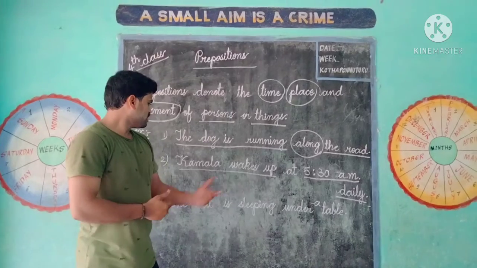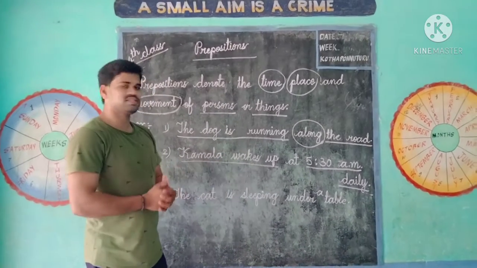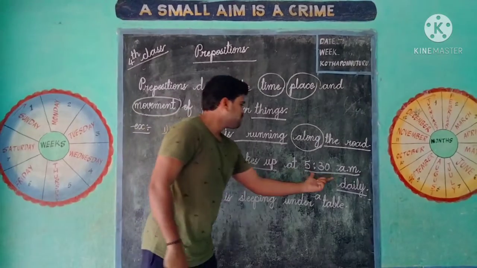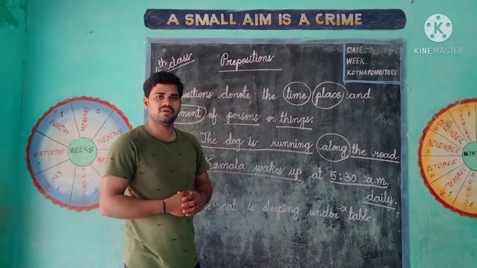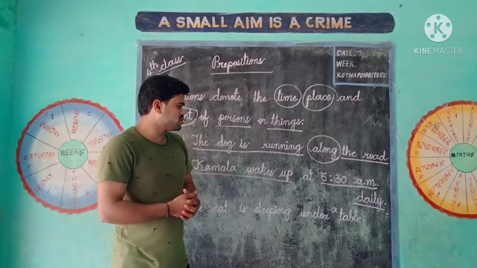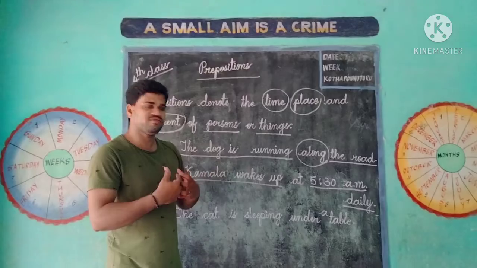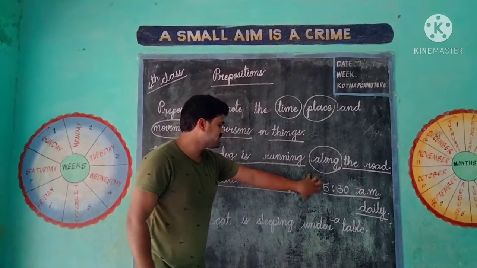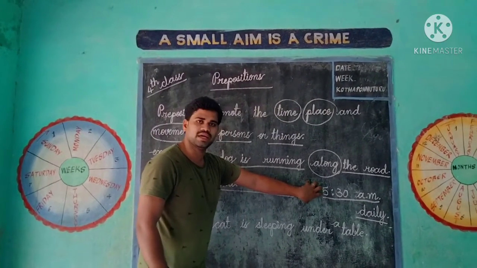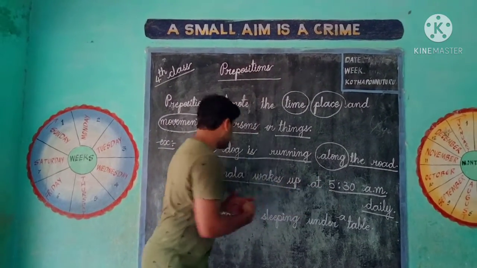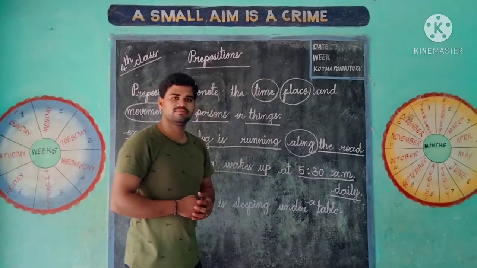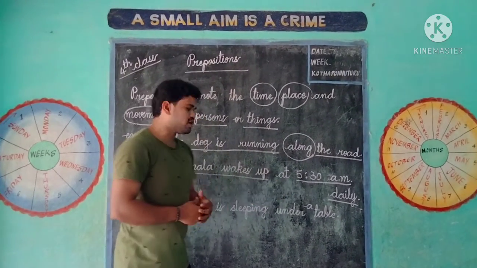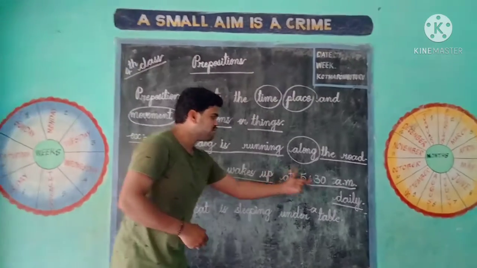Here, the first part is Kamala wakes up, and the second part is 5:30 a.m. daily. They are meaningful. But if we want to form a meaningful sentence, we must write a word here to connect these two parts. That is at.